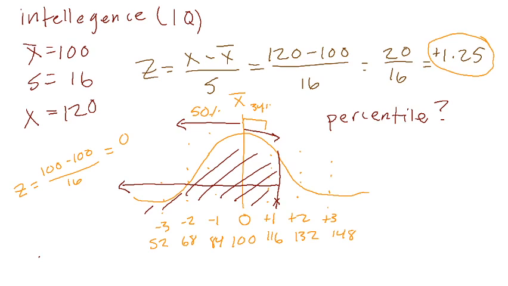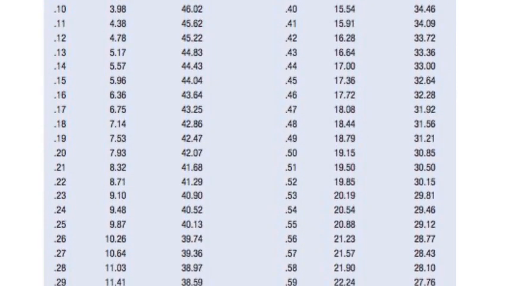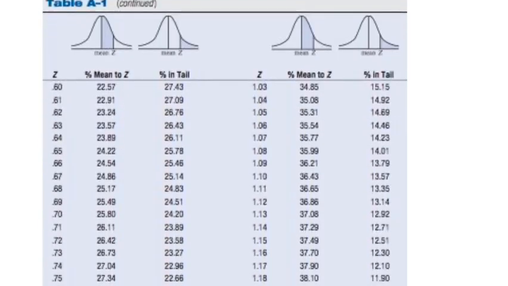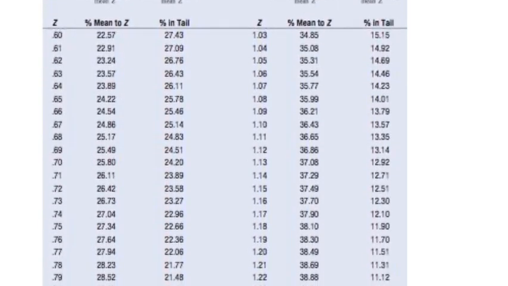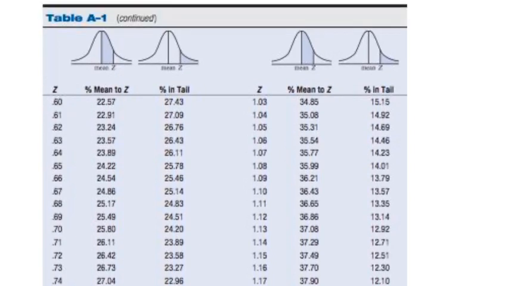So we can take that 1.25 value and head over to the z-table. So let's go ahead and do just that. Let's scroll down to a z-score of 1.25, and let's see what information we can get. All right, so notice our column headers here.